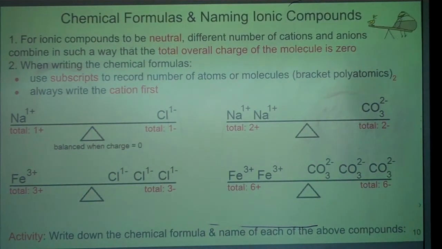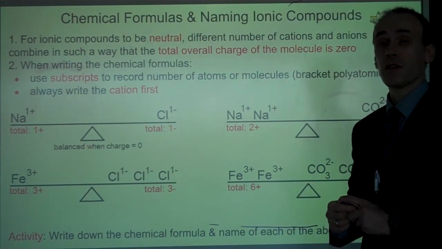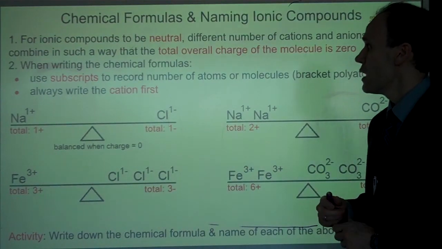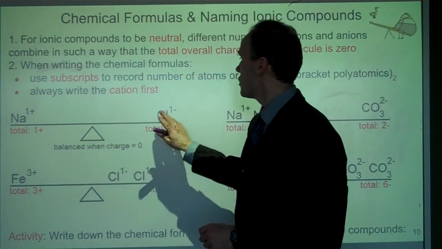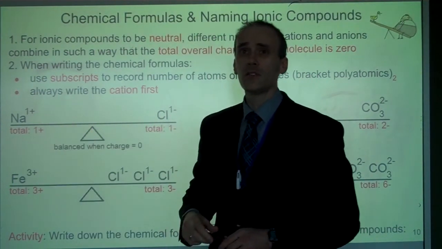The chemical formula is the formula of a substance effectively when it's neutral, as far as you guys are concerned in Year 9. Sodium has a 1 plus charge and chlorine has a 1 minus charge. They will cancel out and you'll get a compound.